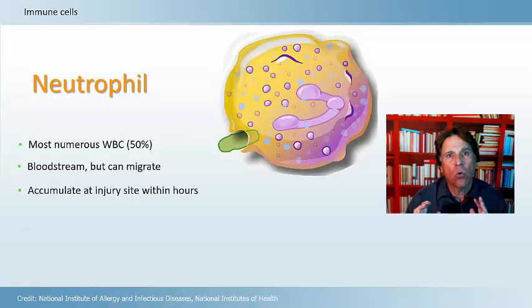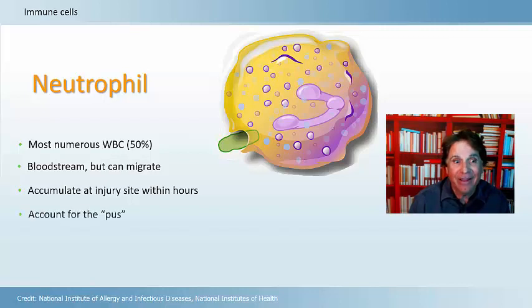And these white blood cells accumulate at the injury site within hours. And this white blood cell, or the debris produced and associated with these white blood cells, forms that white liquidy substance we know as pus.